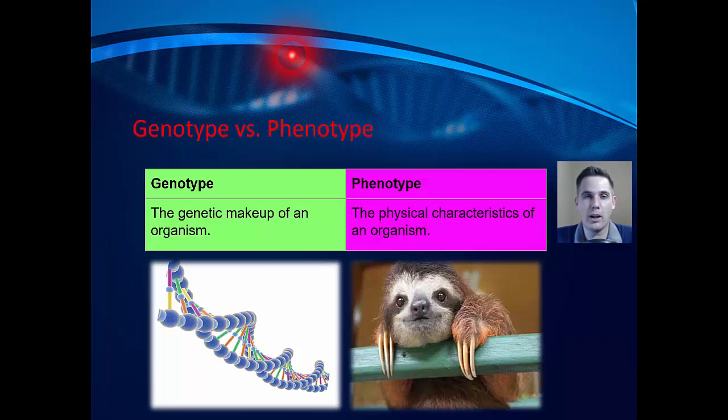Now, when biologists talk about genetic code, they talk about two different ways that genetic code can express itself, two different ways that genetic code can show up or be observed. One way is genotype, and that is the genetic makeup of an organism. All these little colors and bumps and all these little pieces, that's the genotype.